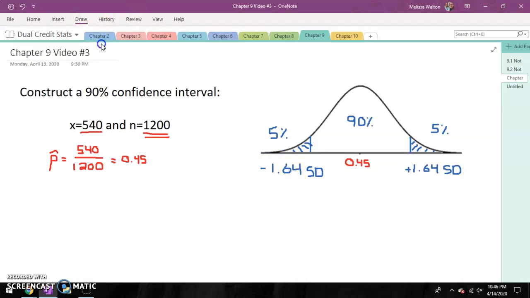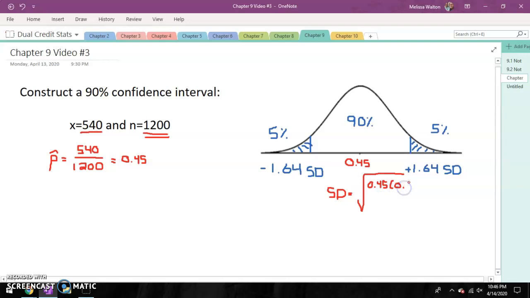Next, we have to figure out what is the standard deviation of this sampling distribution. Well, let's take a look here. Remember we have the square root of pq over n. Right here, 45% had that characteristic, which means that 55% did not.